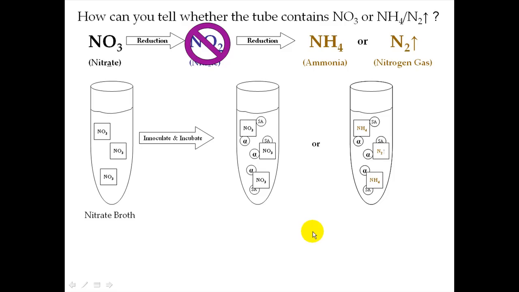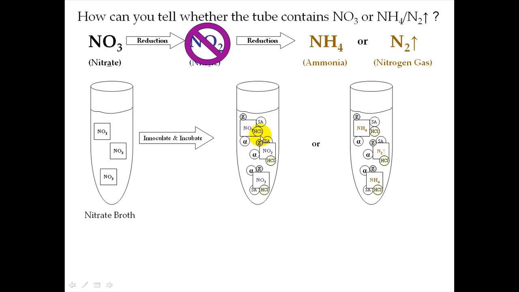Well, what you do is you'll be asked to add some chemicals that function in reducing any remaining nitrates in the tube. So those chemicals are zinc and hydrochloric acid, if you see no initial red color. And what these chemicals do is that they force any remaining nitrates in the tube to be reduced to form nitrites.